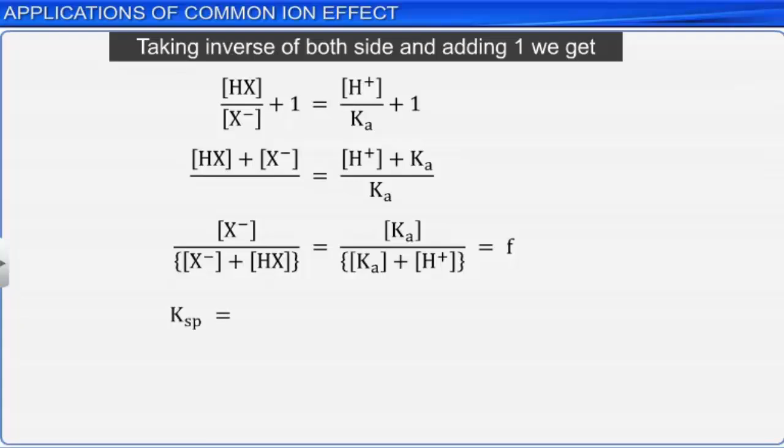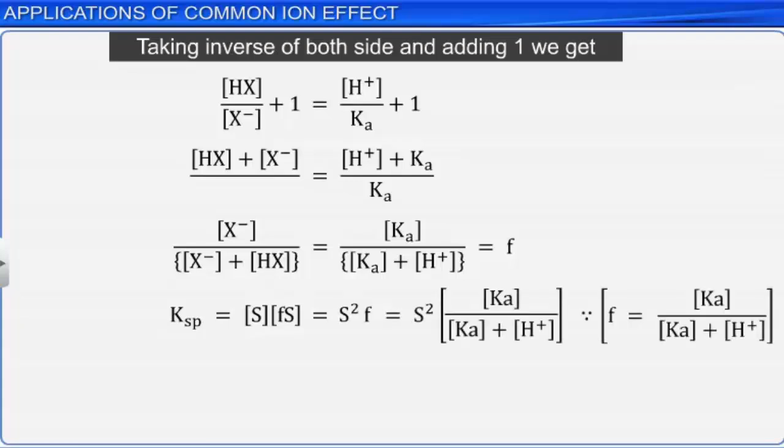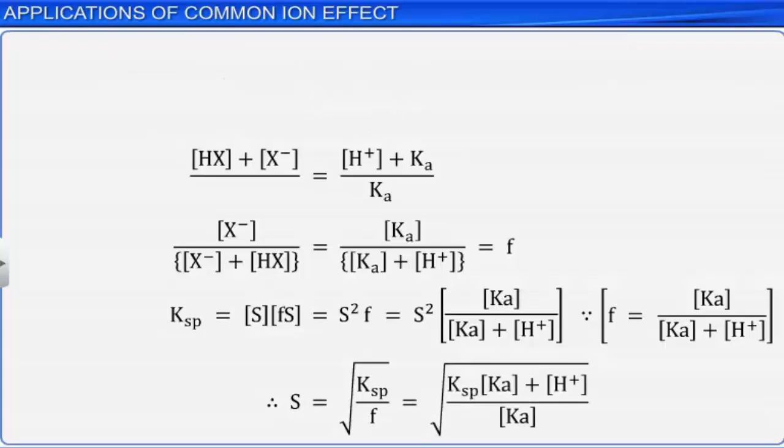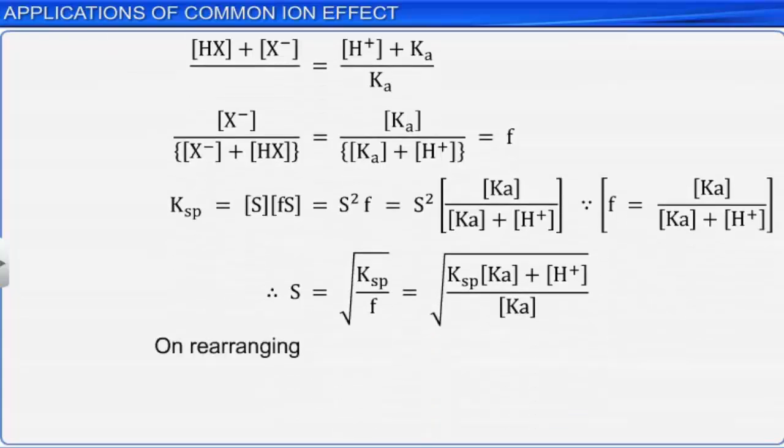That is, equal to the product of S² and F. Therefore, solubility is equal to the square root of Ksp divided by F. On rearranging the equation, we get solubility S is equal to Ksp multiplied by ([H⁺] plus Ka) divided by Ka, whole to the power half. So we can conclude that solubility increases with a decrease in pH or an increase in H⁺ ion concentration.